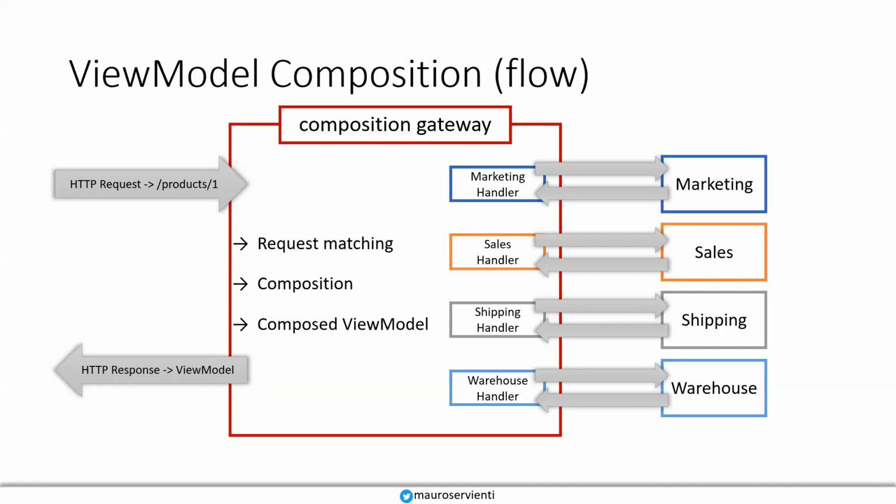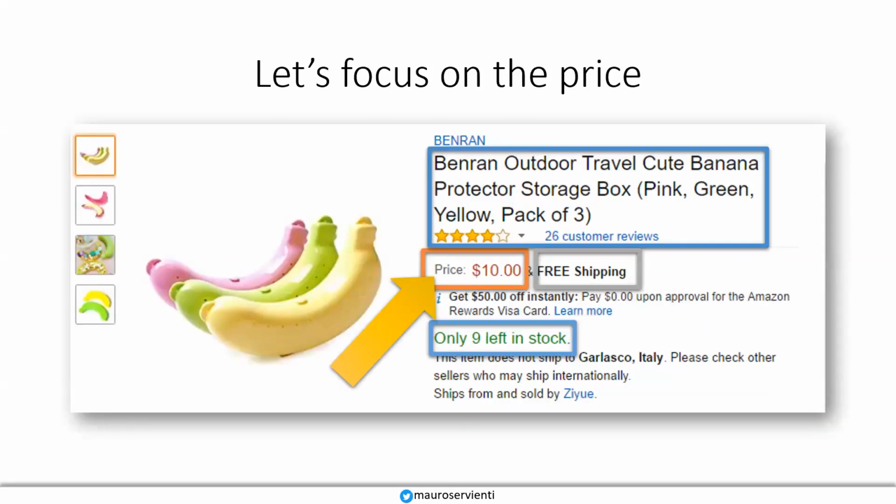Where compose this view model means here is a dictionary that is empty, put data in it. And again, if you think about it, a JSON object works very well in this case, because a JSON object works like a dictionary. It's an empty thing that can be filled on the fly by services. So let's focus on the price.